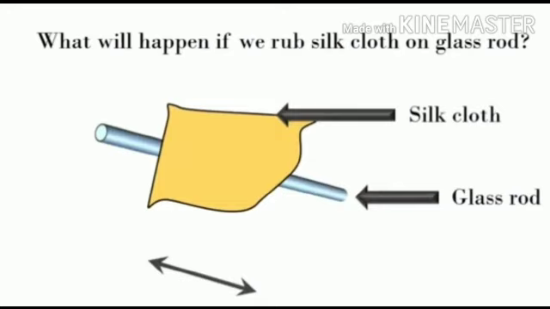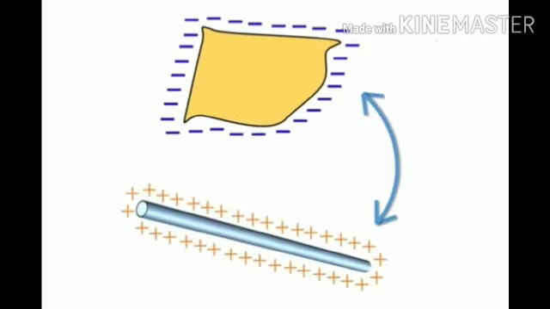This is just a revision, right? So when we rub the silk cloth against the glass rod, there is a transfer of charge. Electrons from the glass rod are transferred to the silk cloth.